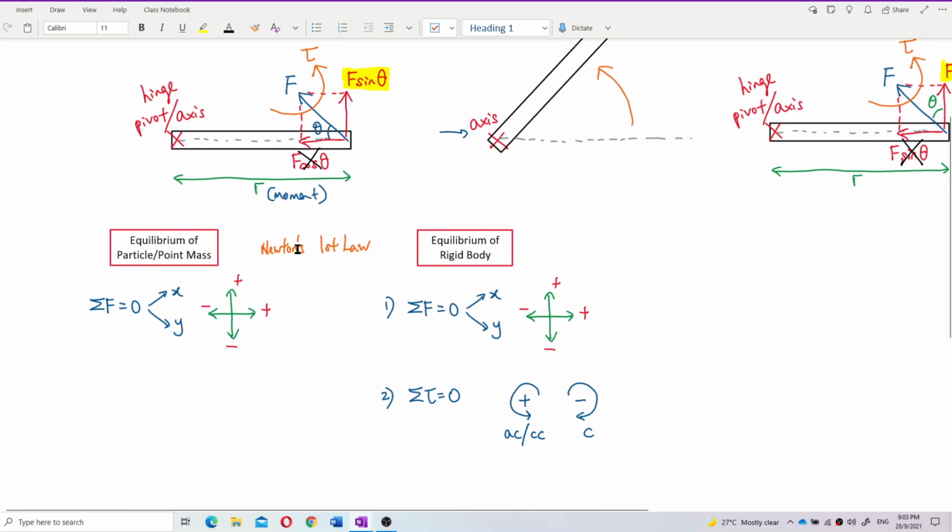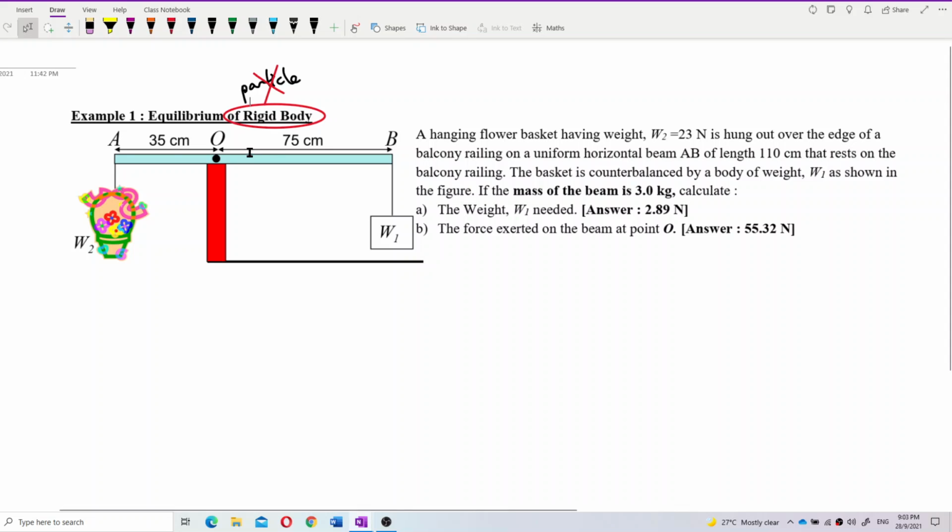And also for rigid body, we draw it as a rigid body. We draw the whole body of the object. We don't draw just a point mass or just a particle. When we draw the free body diagram, we draw the whole body, because this is a rigid body.